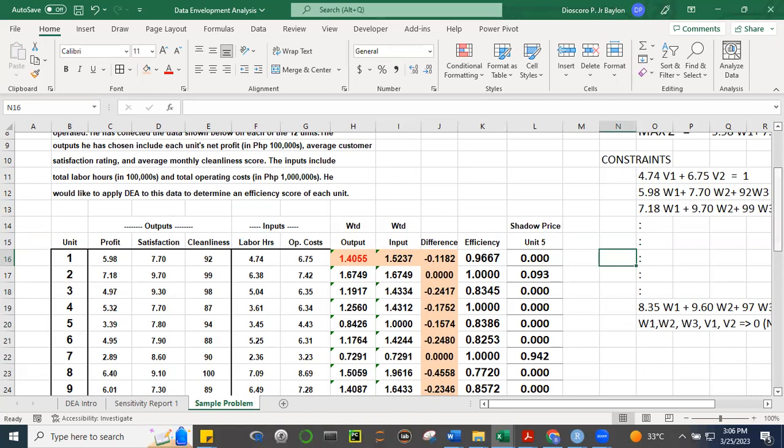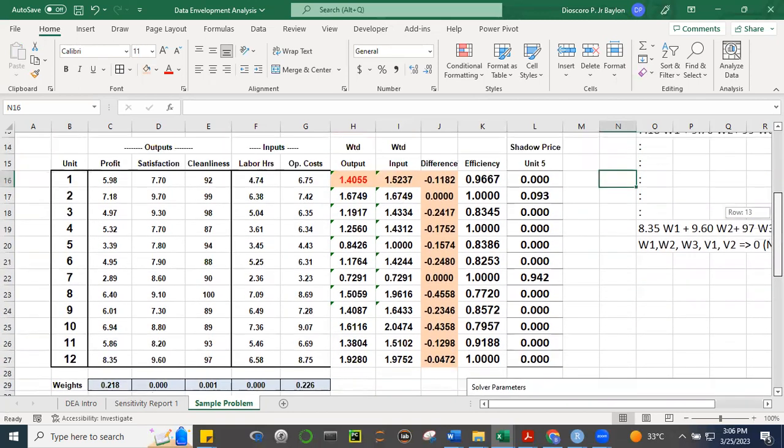Okay, so the efficient units among the 12 DMUs are, assuming this is correct, unit number 2, unit number 4, unit number 7, and unit number 12. Let me apply conditional formatting.